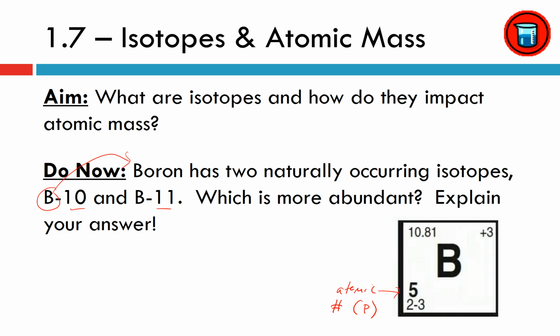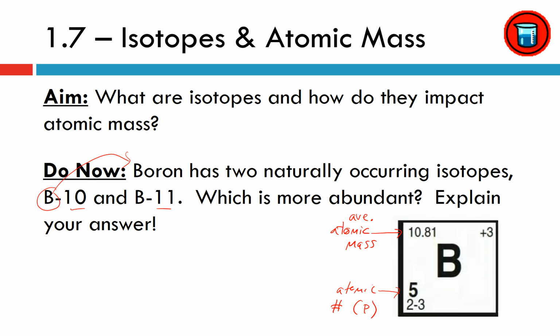So remember, if it has 5 protons in its nucleus, it has to be boron. It's impossible to have a boron atom with 6 protons in its nucleus. That changes the identity of the atom. This number up top, 10.81, is our atomic mass. More specifically, it is our average atomic mass, and we'll be talking about that a lot more in today's lesson.